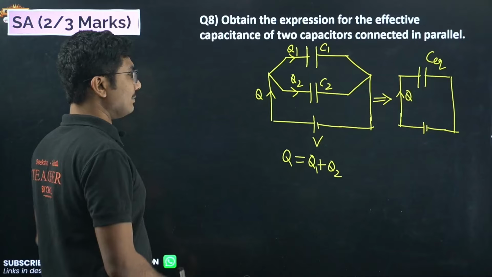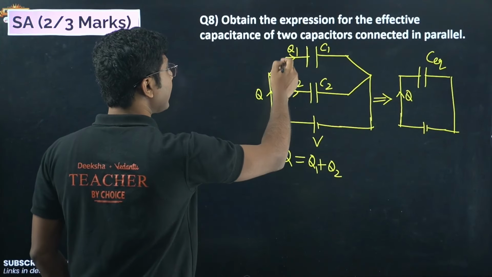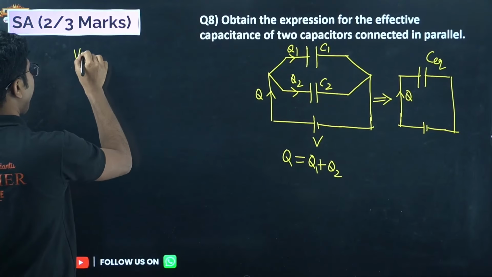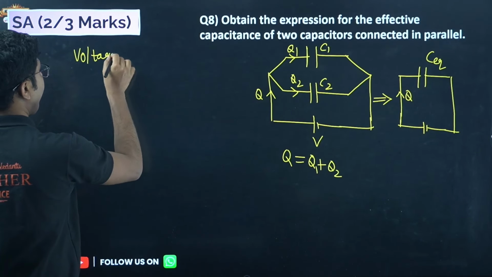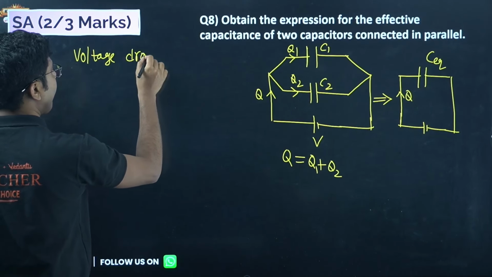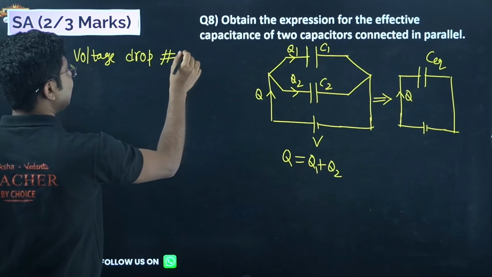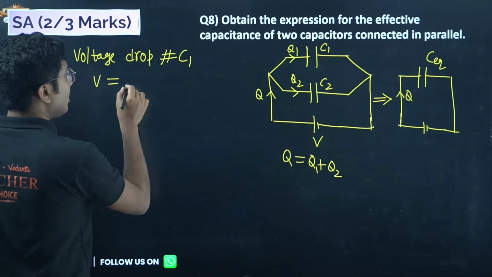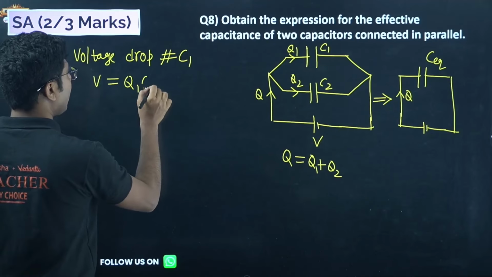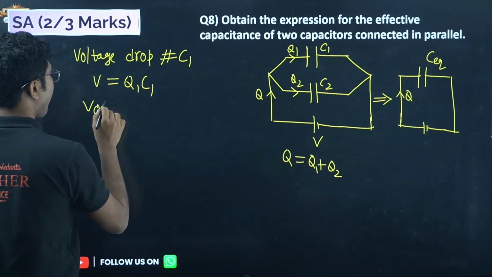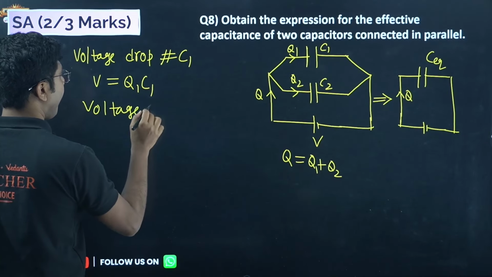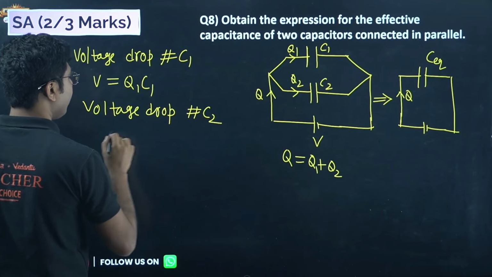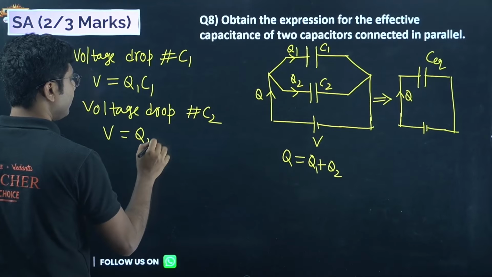Now let's see, what is the voltage drop across the first capacitor? Voltage drop across C1, V equals Q1 by C1, and voltage drop across C2, V equals Q2 by C2.